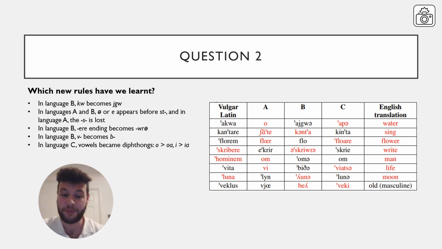In languages A and B, this ST cluster changes. It becomes ust or e. In language A in particular, the S is lost completely. In language B, the ere ending in Latin became ura. And then in language B, the V becomes a B. And in language C, the vowels were lengthened and became diphthongs. So the O becomes oa and I, ya.